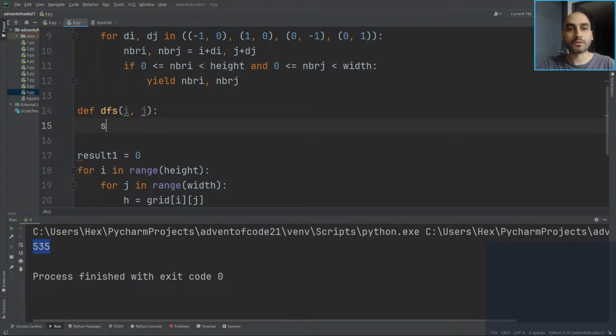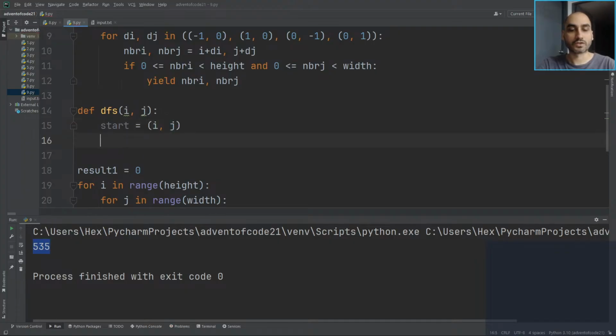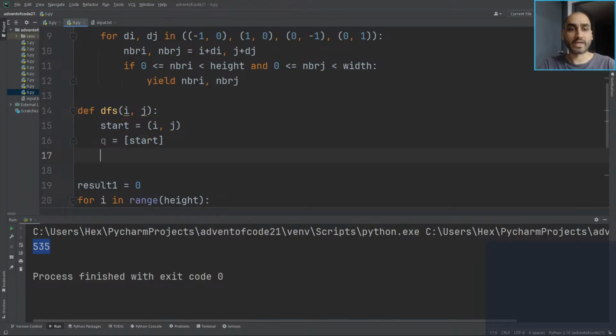All right, so start from this i j. We put this on the queue. We don't care about distances. But we have a visited set as well.